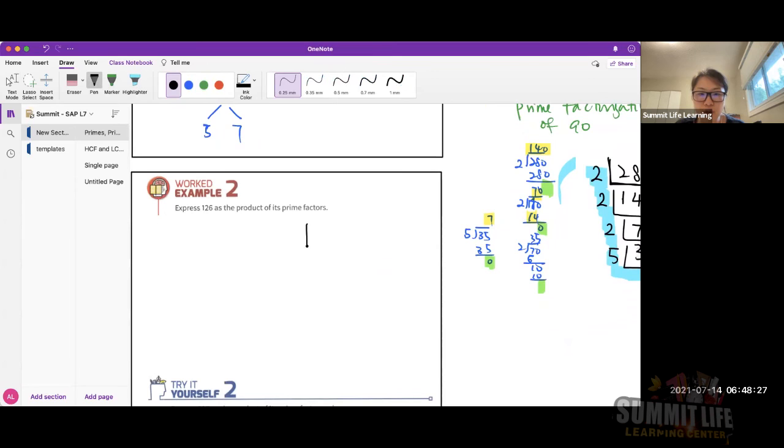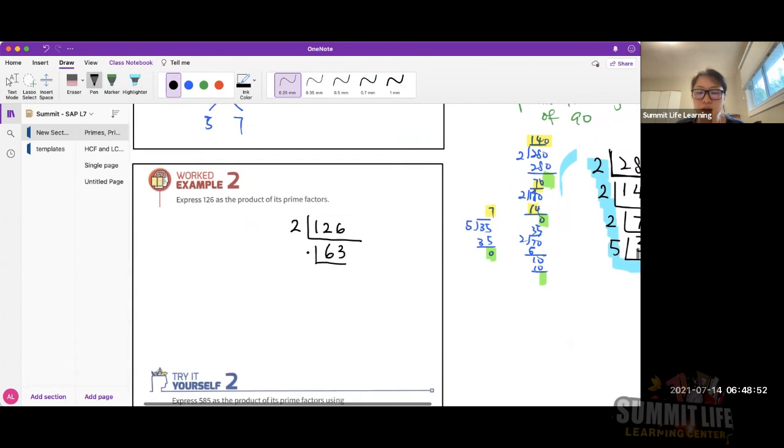Now, take 126 and express it as a product of its prime factors. That means I want the prime factorization. Remember, I've told you all even numbers are composite numbers because they are divisible by 2. So I first try 2. 126 divided by 2, you will get 63. 63 is a multiple of 3.